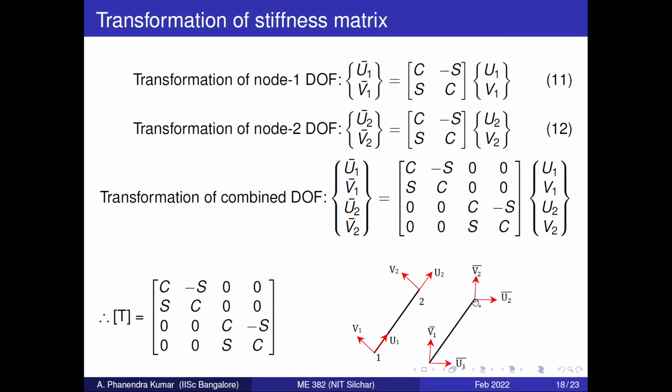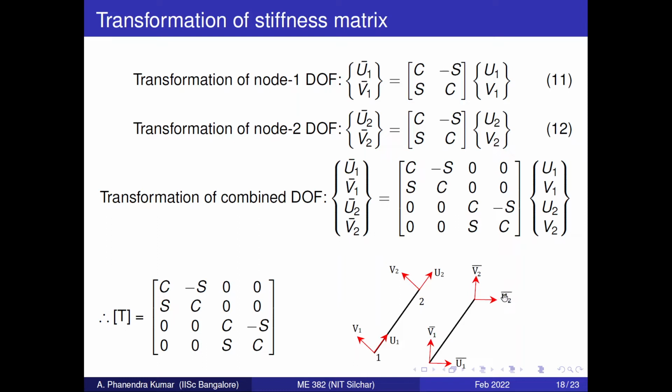Now I will consider one more coordinate system, which is the global coordinate system. Generally, we are interested in finding the displacements or forces in the global coordinate system, so we consider it here. As I mentioned previously, if we have a bar over a symbol, we take it as the global coordinate system.